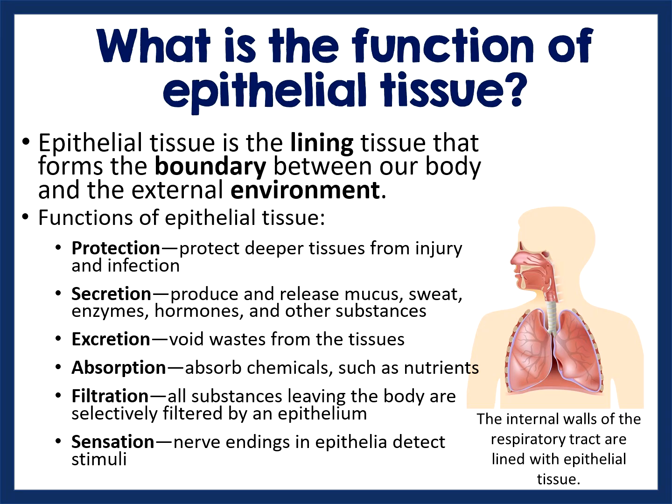Even the internal walls of the respiratory tract need to be lined with epithelial tissue because there's exposure to the air. That's just a tube that goes from your mouth and into your lungs. So there's going to be different structure of this epithelial tissue depending on where we're looking at in the body. And so that structure is going to provide different functions.